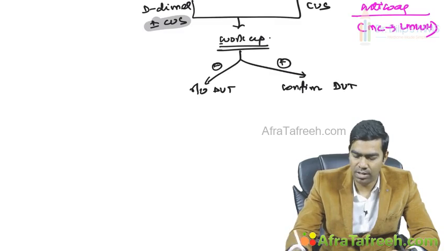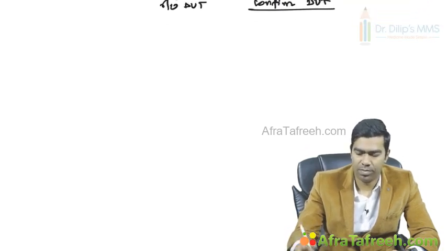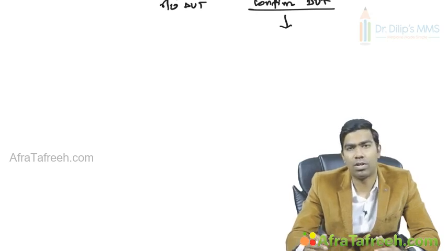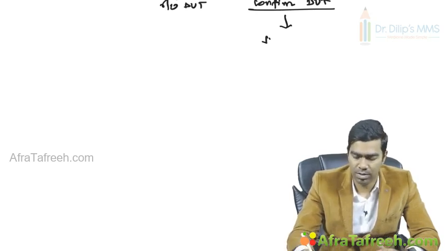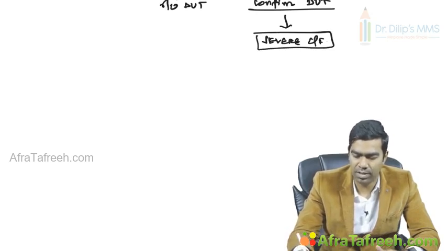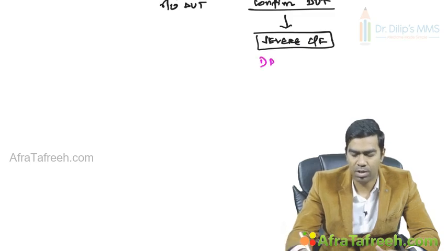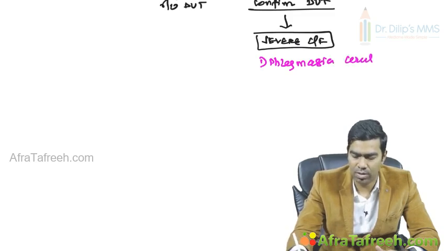Now, if the DVT is confirmed, you can look for severe symptoms. What do I mean by severe clinical features? Number one, which I already discussed, is phlegmasia cerulea dolens.